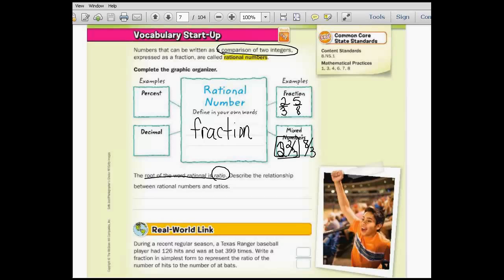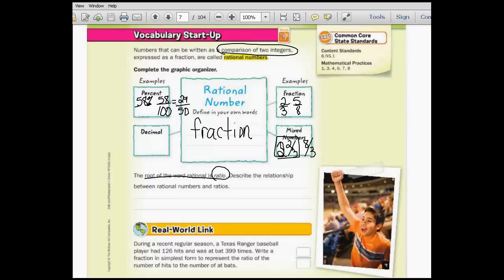When we talk about percents, let's say 58%. Percent means per 100. So 58%, 58 per 100, 58 over 100. And then you would need to reduce that. That would be 29 over 50.